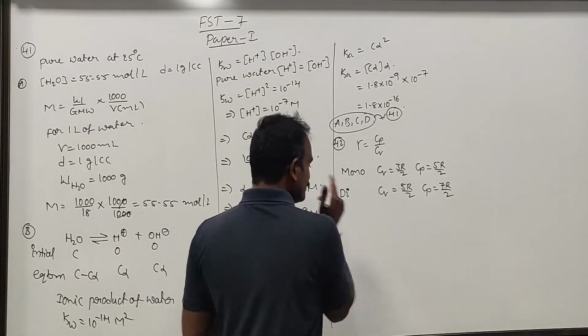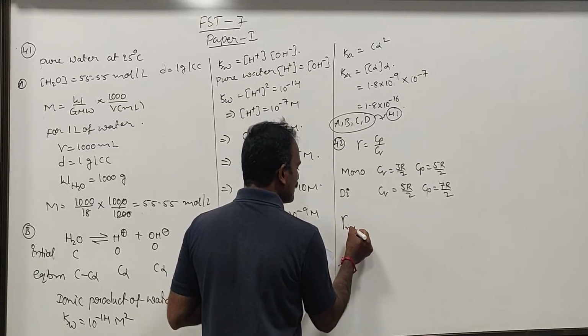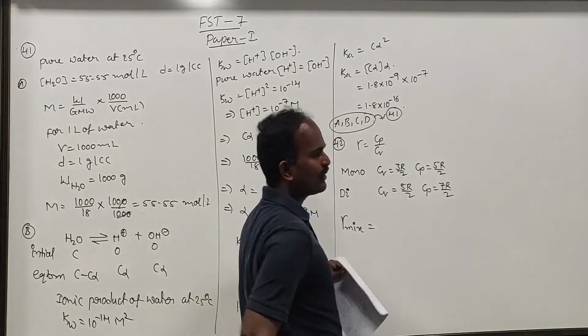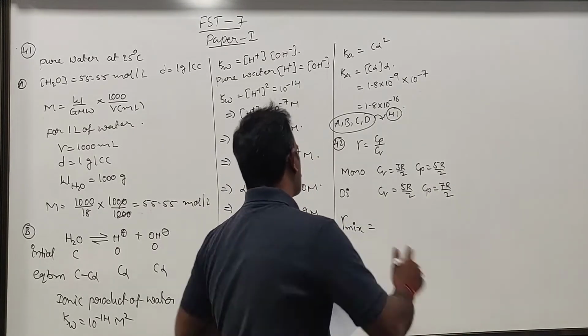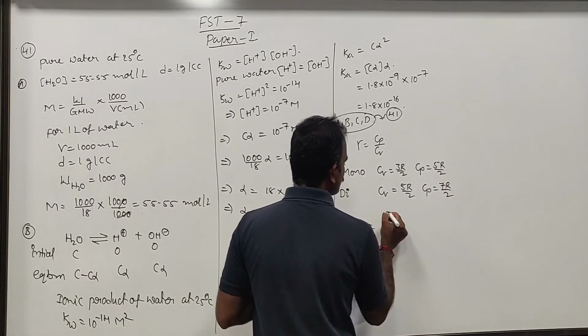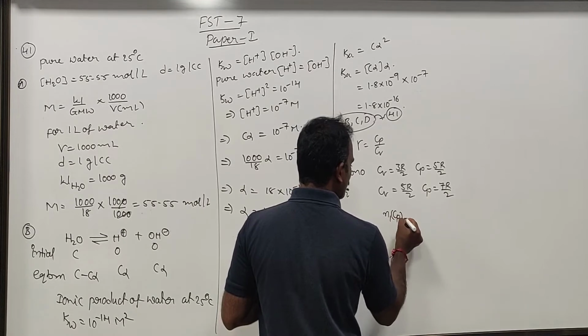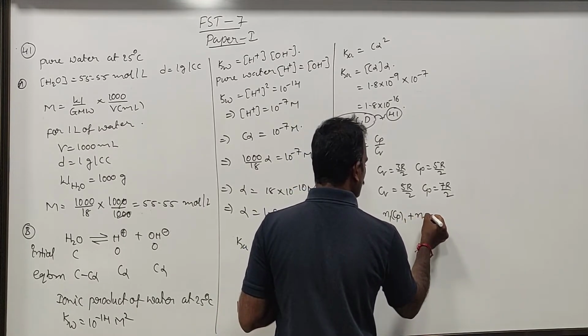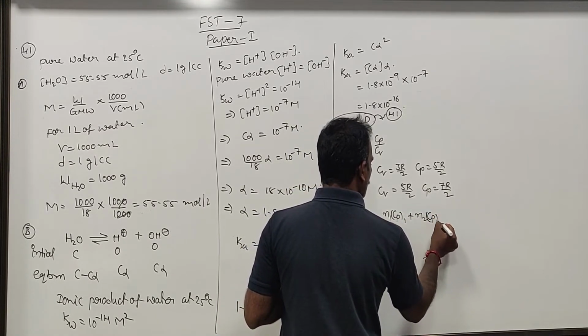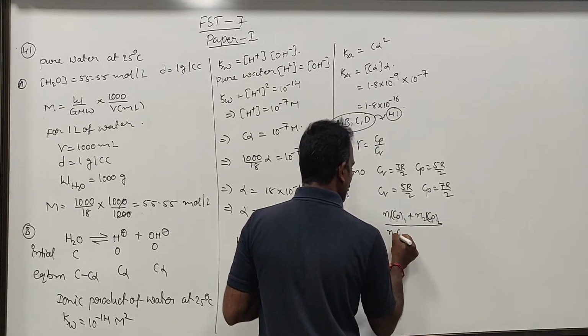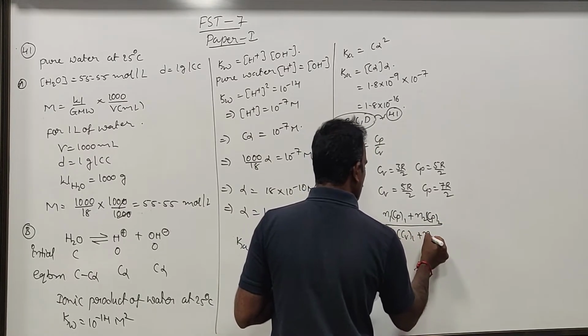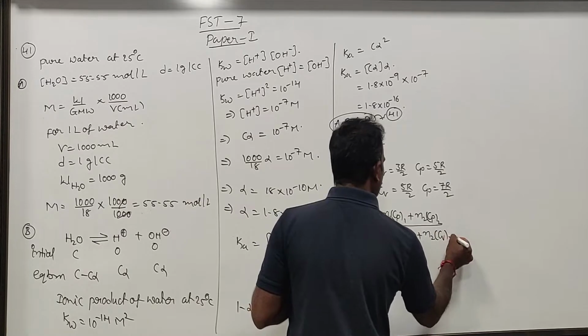For a mixture, gamma of a mixture is equal to, what do we have to do here? N1 Cp1 plus N2 Cp2 divided by N1 Cv1 plus N2 Cv2.